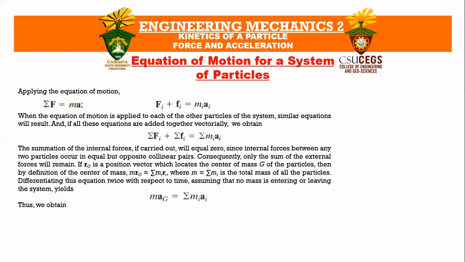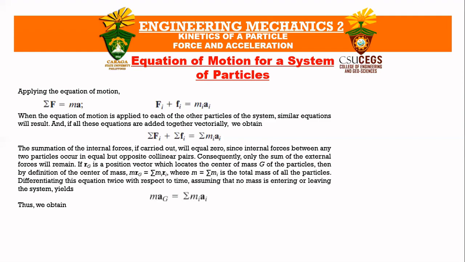So if Rg is a position vector which locates the center of mass g of the particles, then by definition of the center of mass, the mass times Rg is equal to the summation of mi times Ri, where the mass is equal to the summation of mi, or the total mass of all the particles.